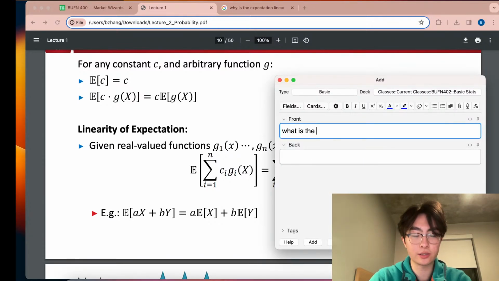So what is the linearity of expectation?